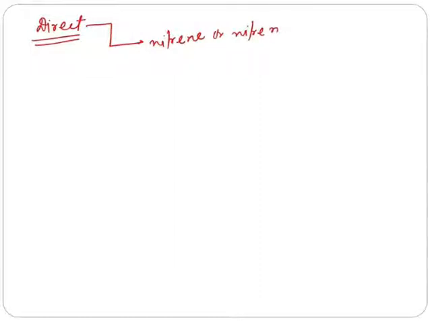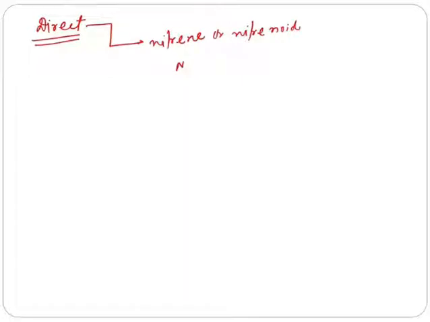Now I will discuss the direct aziridination process. For the direct process we can use the nitrene or nitrenoid. What is nitrene? Nitrene is a nitrogen source.